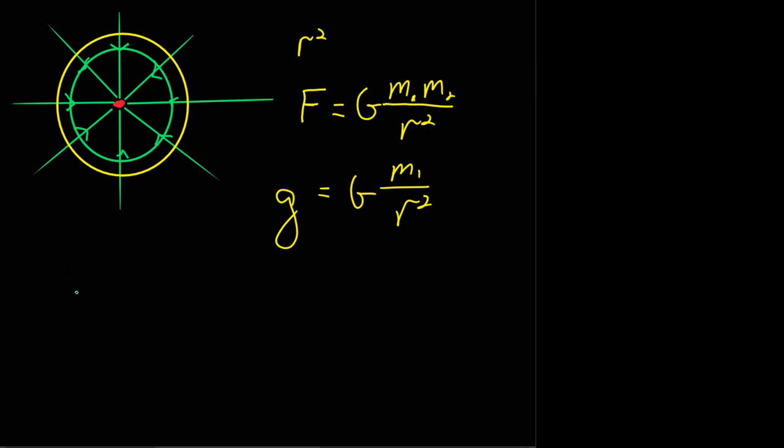And so what I want you to focus on here is this idea that we have the number of field lines coming in and out. But notice I have one source. I've got 1, 2, 3, 4, 5, 6, 8 field lines. 8 field lines cross every single one of these spheres.